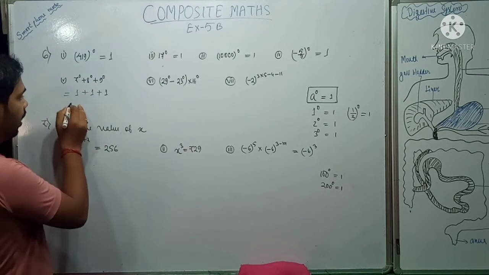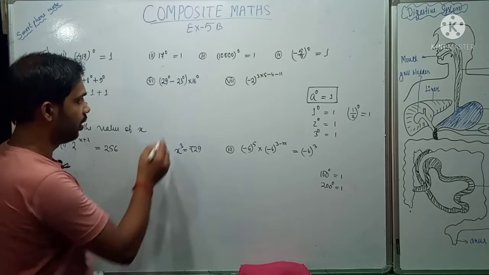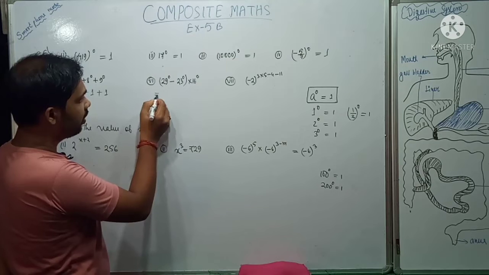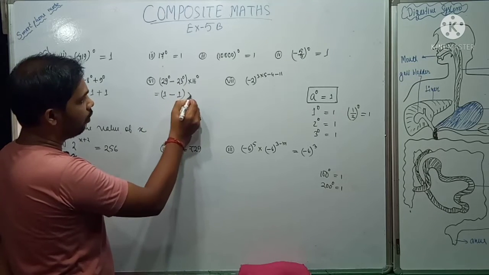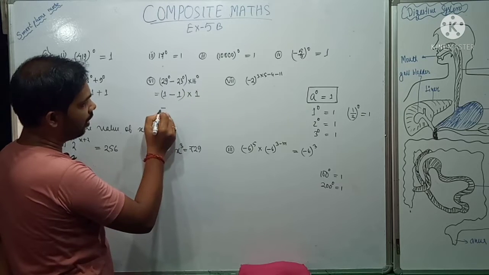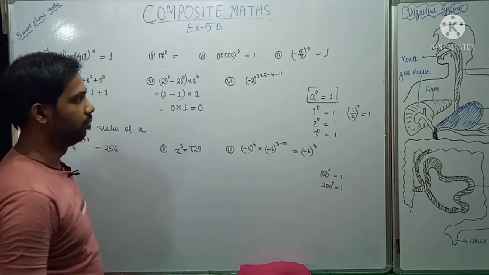So 1 plus 1 plus 1 is 3. Understood? Okay, this one you see, 29 power 0 is 1 minus 23 power 0 is 1 into 16 power 0 is 1. So 1 minus 1 is 0. So 0 into 1 is equal to 0.